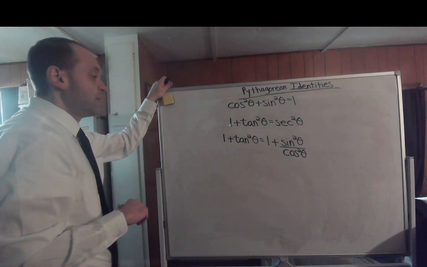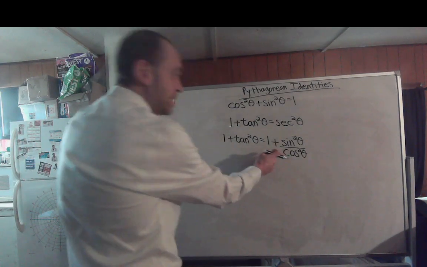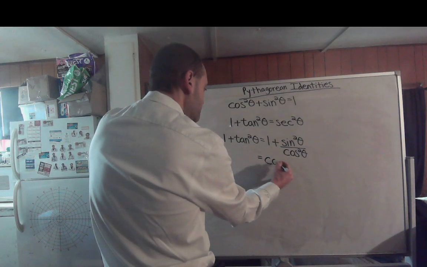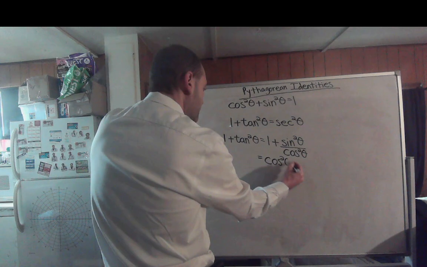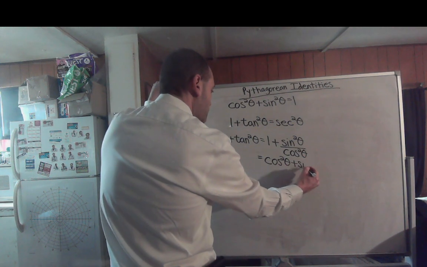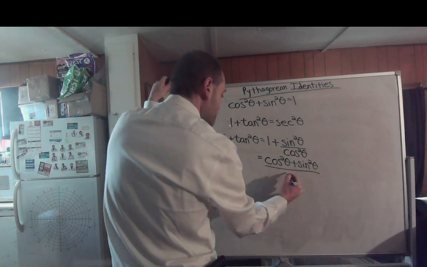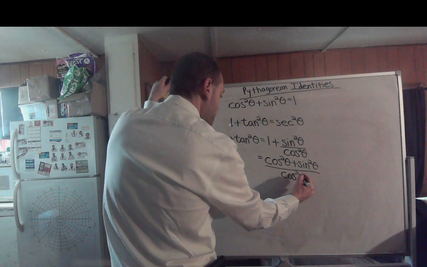Okay, now the goal of course would be to get a common denominator, right? So if we did that, you would end up getting cosine squared of theta plus sine squared of theta all over the cosine squared of theta.